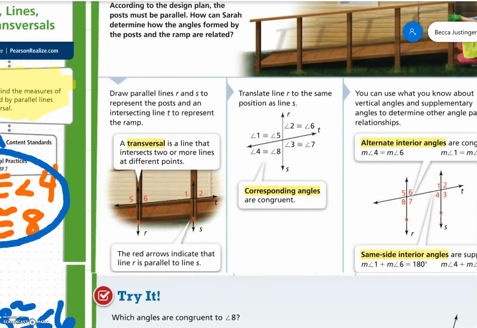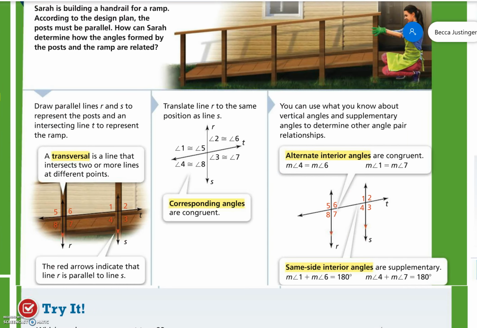Okay, example number 1. Sarah is building a handrail for a ramp. According to the design plan, the posts must be parallel. How can Sarah determine how the angles formed by the posts and the ramp are related? First step is to draw parallel lines R and S to represent the posts and intersecting line T to represent the ramp.